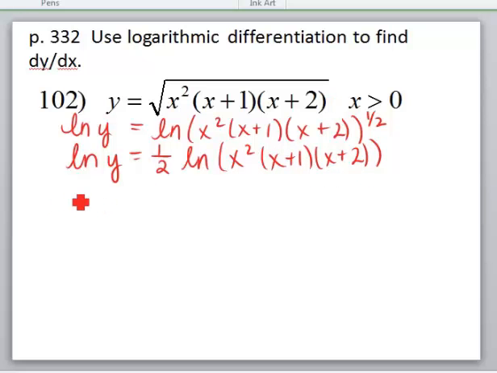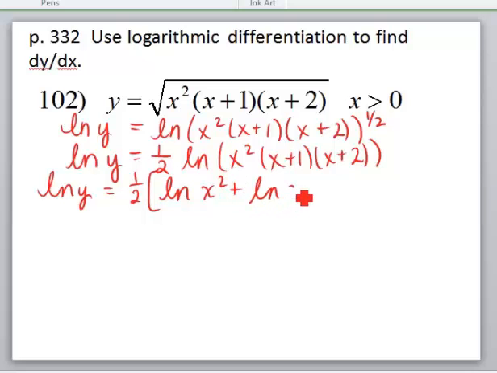Then what I can do is now say I have ln of y is equal to 1/2 times, we can break each of these up because these are all multiplied together. So I'd have ln of x squared plus the ln of x plus 1 plus the ln of x plus 2.